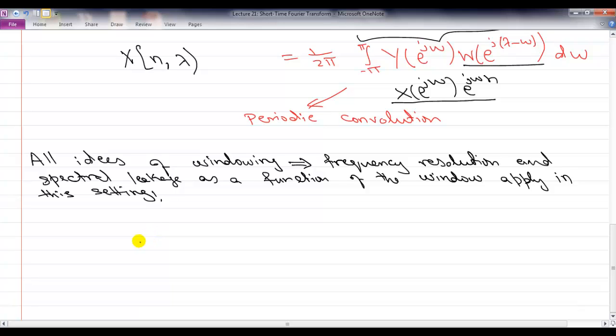In particular, in short-time Fourier transform, if you want to distinguish between two frequencies, you better make sure that the distance between those two frequencies is greater than the width of the main lobe of your window's Fourier transform. So all those concepts apply, and in general we know one particular thing. If you remember your windows from the DFT spectral analysis, what is one factor that makes the width of the main lobe smaller?